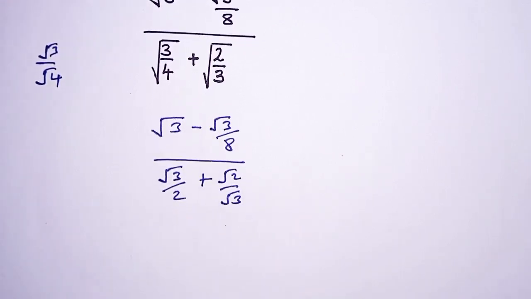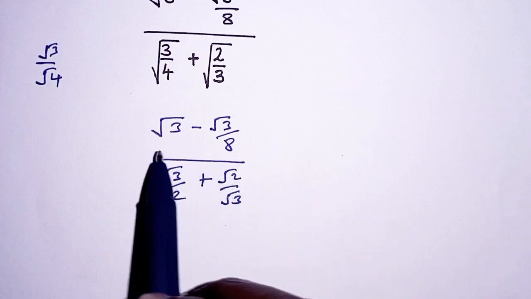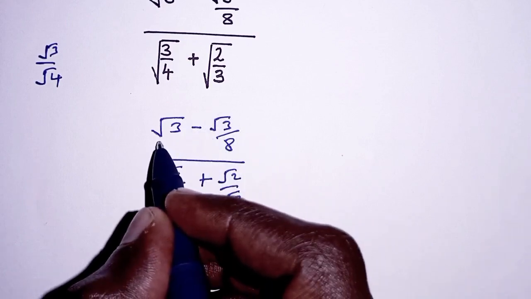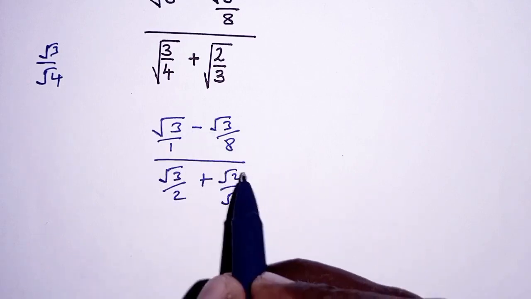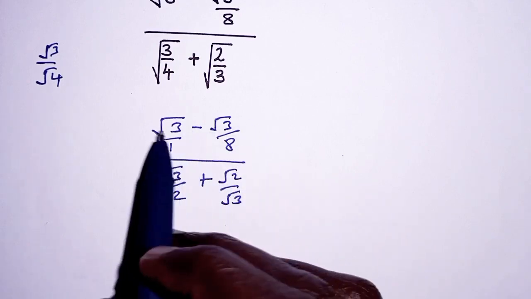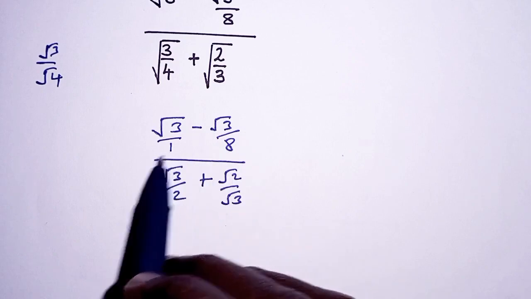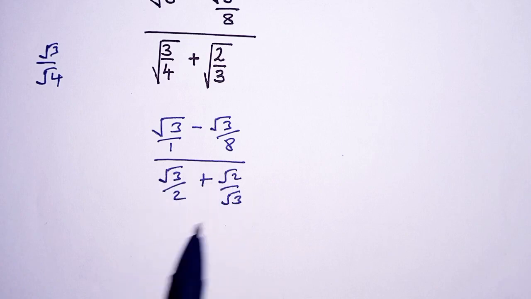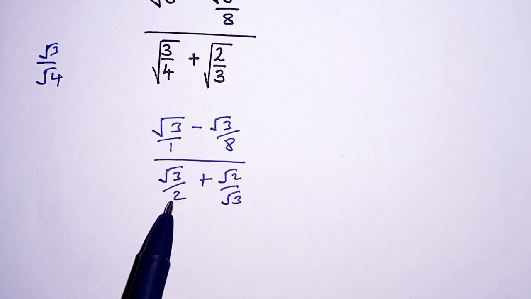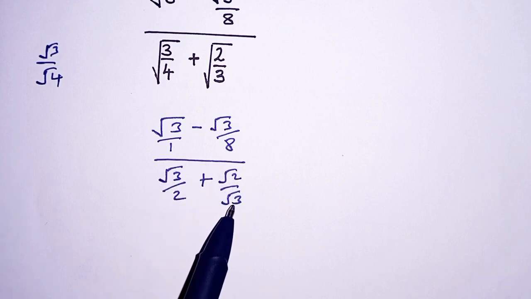So when we get to this point, we are going to consider the LCM for the denominators, both on the numerator and denominator here. So for the numerator, we have the denominators as 1 and 8, and for the fractions on the denominator, we have 2 and root 3.